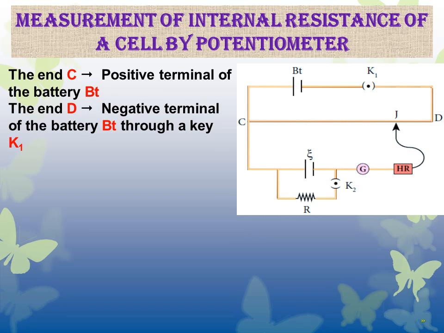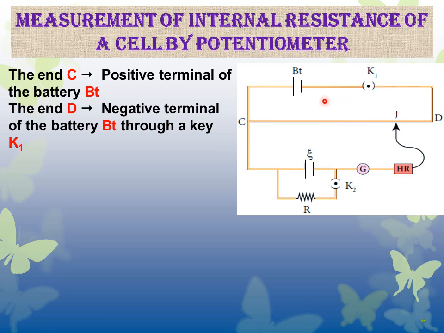the end C of the potentiometer wire is connected to the positive terminal of the battery, which is termed as BT, and the negative terminal of the battery is connected with the key, and its end is connected with the terminal D using the key K1.